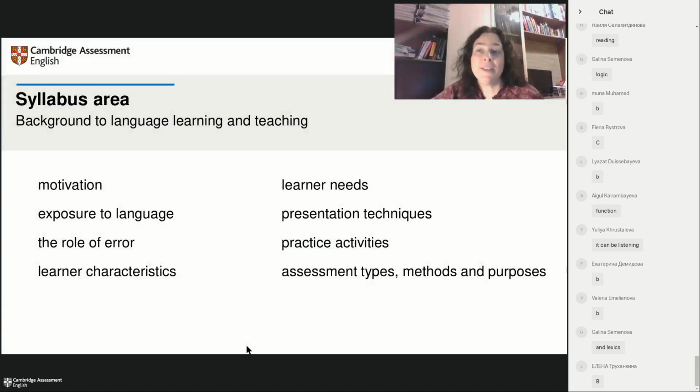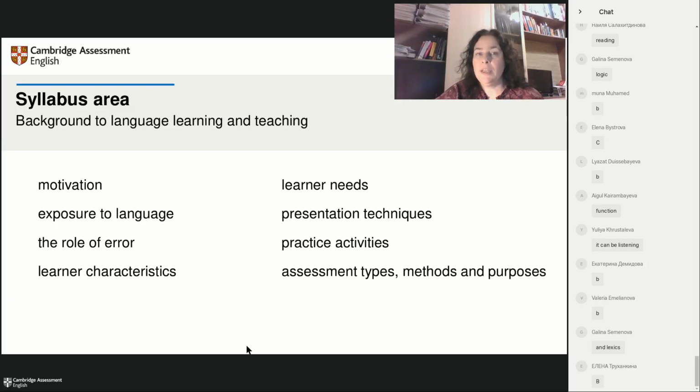Okay, so another area that TKT Module 1 covers is motivation, exposure to language, which I have already mentioned at a certain stage, the error correction, the role of error, how to identify errors, which ones to correct, and so on. Yet keeping in mind learners' needs and their characteristics.